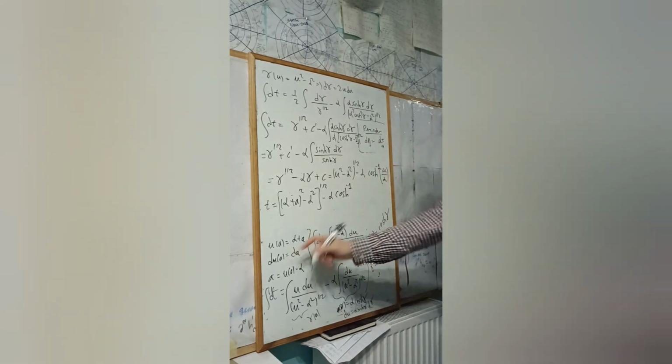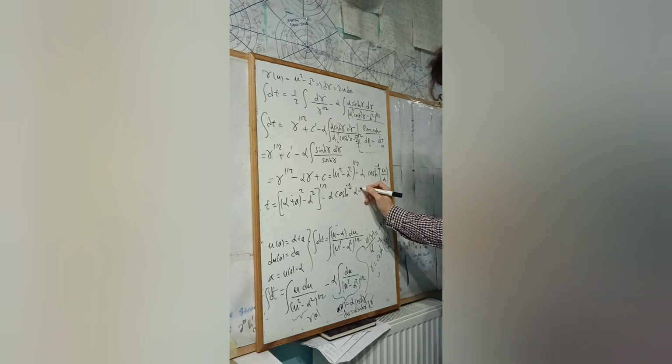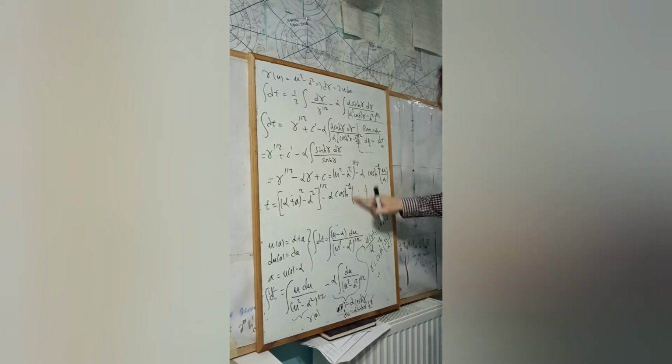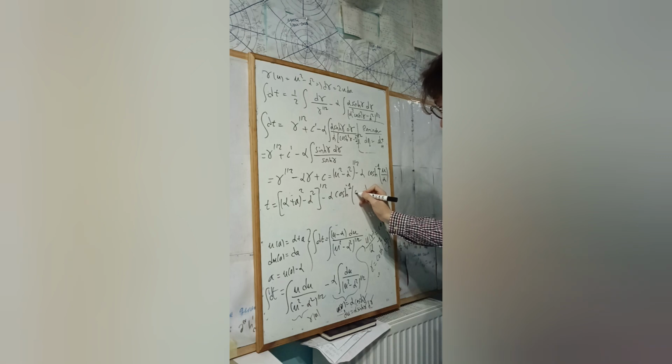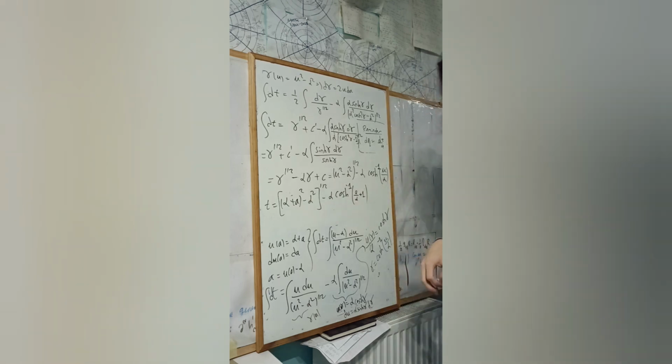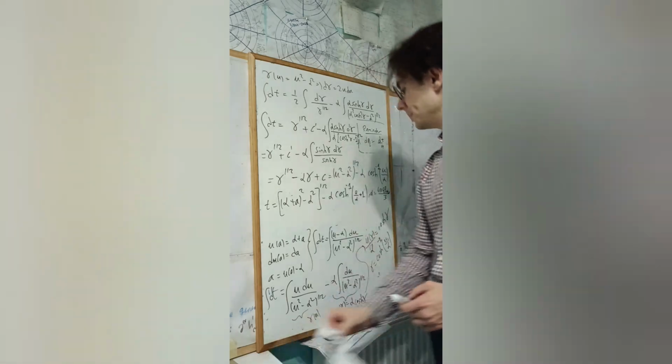U is alpha plus a divided by alpha, which is better to use like a over alpha plus 1. And alpha was, don't forget, 4 pi g rho m naught divided by 3. Alright?